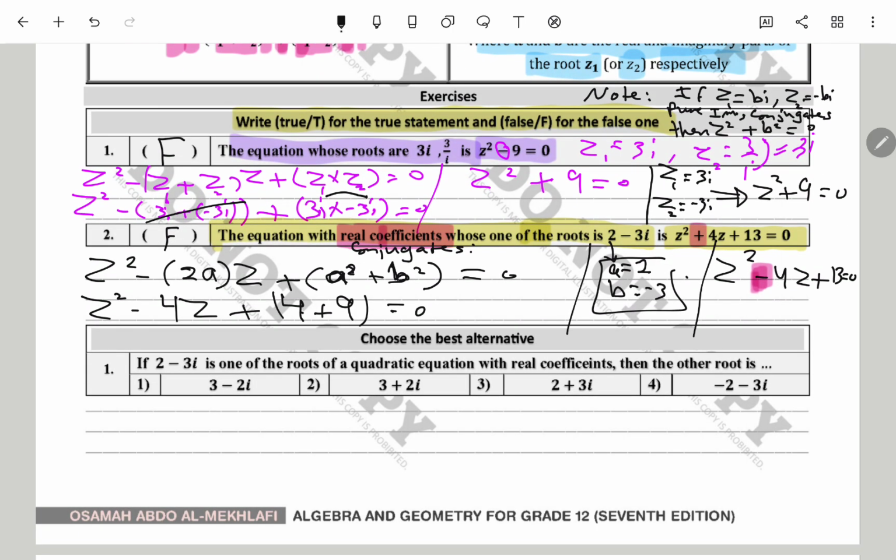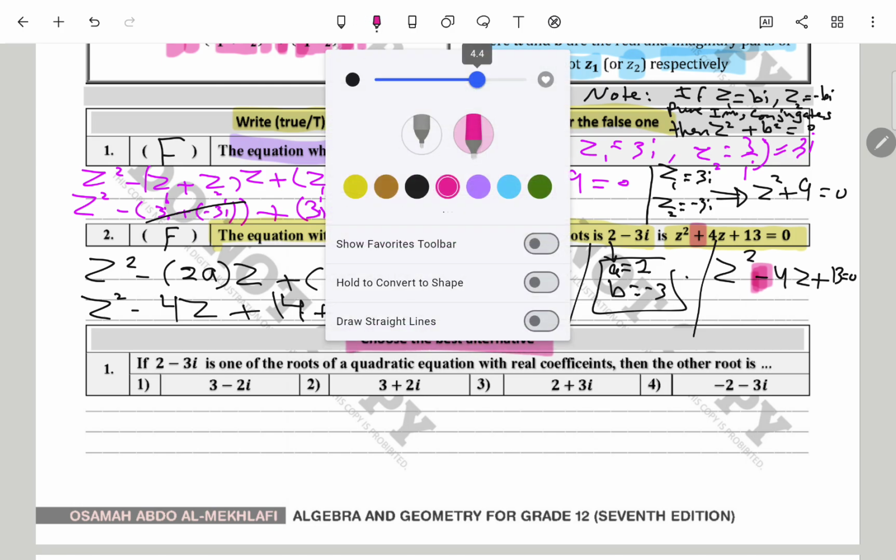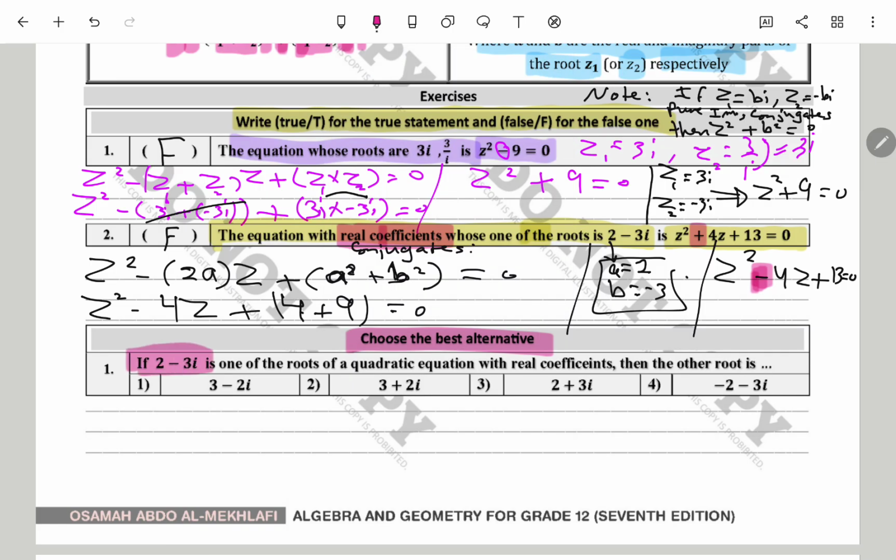In number 1, in choose the best alternative, you can read: if 2 minus 3i is one of the roots of a quadratic equation with real coefficients, then the other root, by the words real coefficients, should be its conjugate.